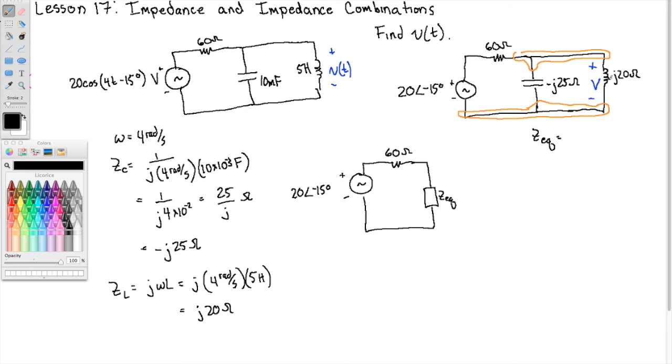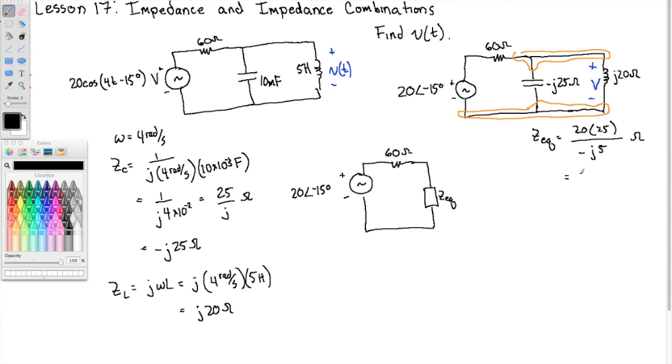So the product of those, when I take j times j, I get minus 1. Minus 1 times the minus 1 gives me positive 1. So I've got 20 times 25 over the sum of those two things. j20 minus j25 gives me minus j5 ohms.